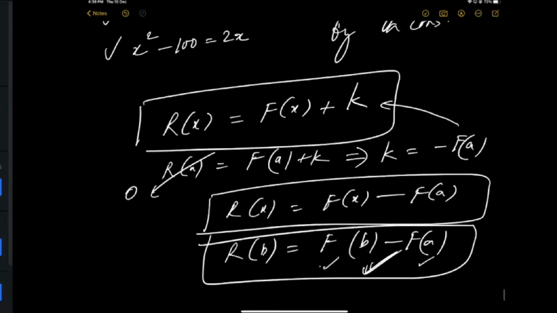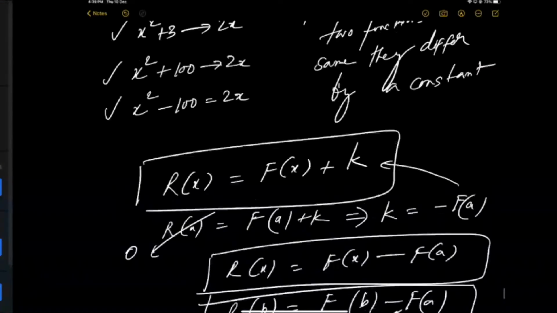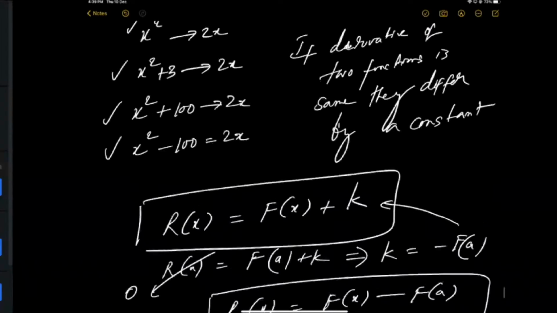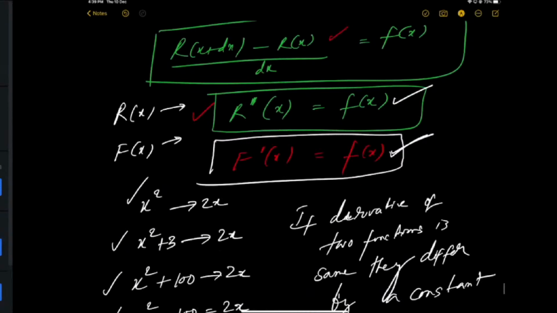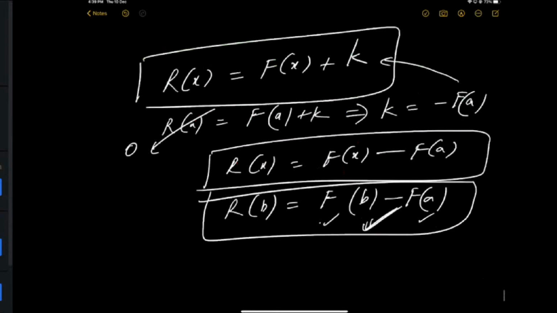And we also have seen why f dash of x is small f of x. See, I'll tell you.